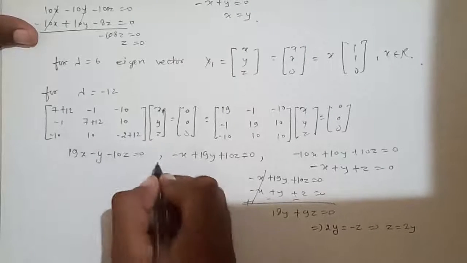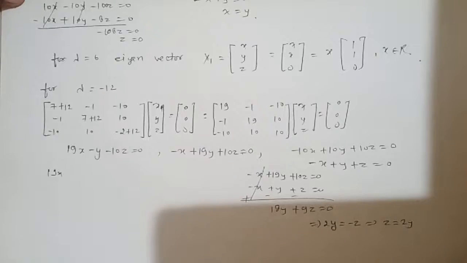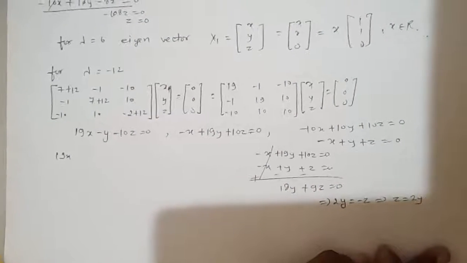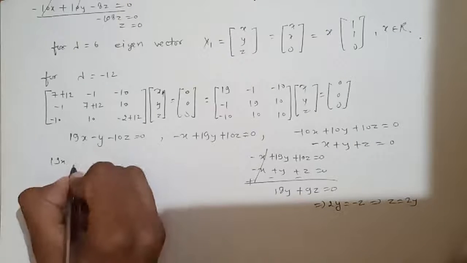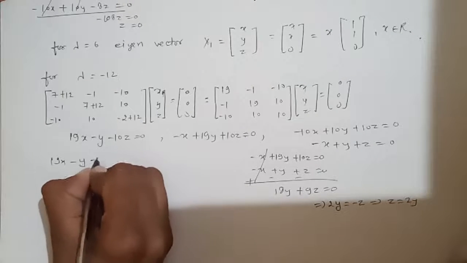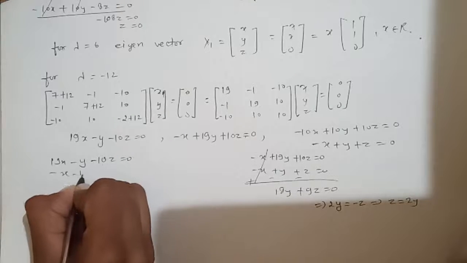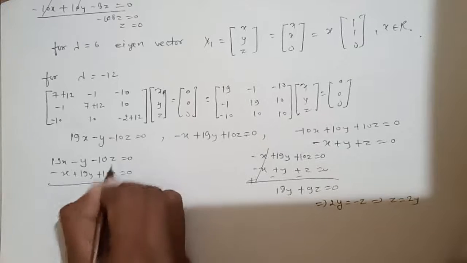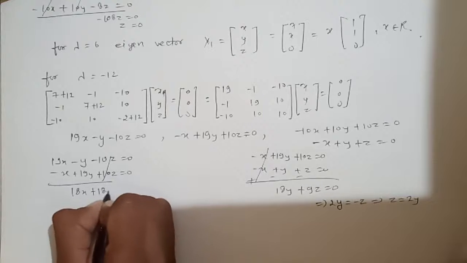Now on simplifying the two equations 19x minus y minus 10z is equal to 0 and minus x plus 19y plus 10z is equal to 0, these two terms get cancelled, and 18x plus 18y is equal to 0.